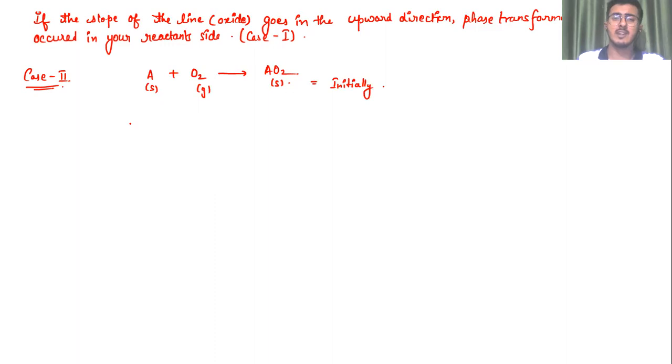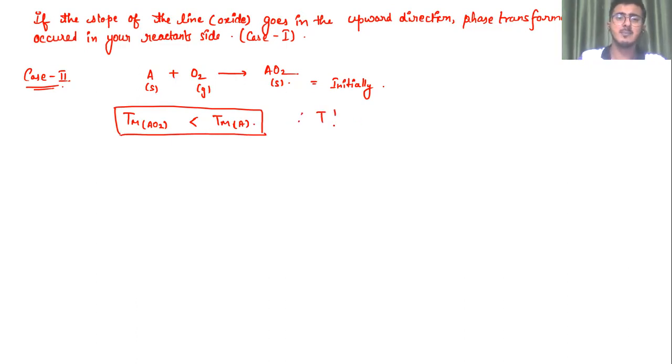Then on further increase in the temperature, the melting point of AO2 is, in this case, less than the melting point of A. So basically, on increasing the temperature, your oxide will be converted, there will be a phase transformation at the oxide side much faster as compared to the reactant side, right?